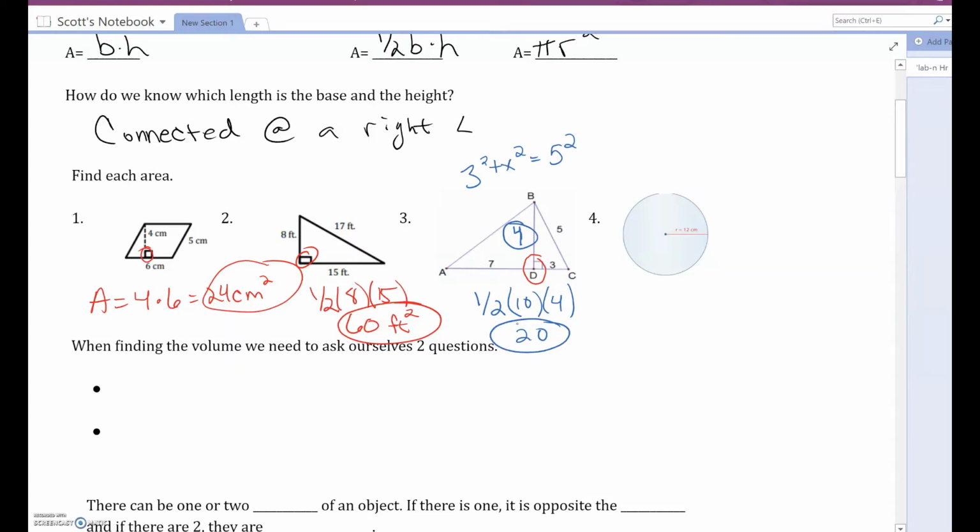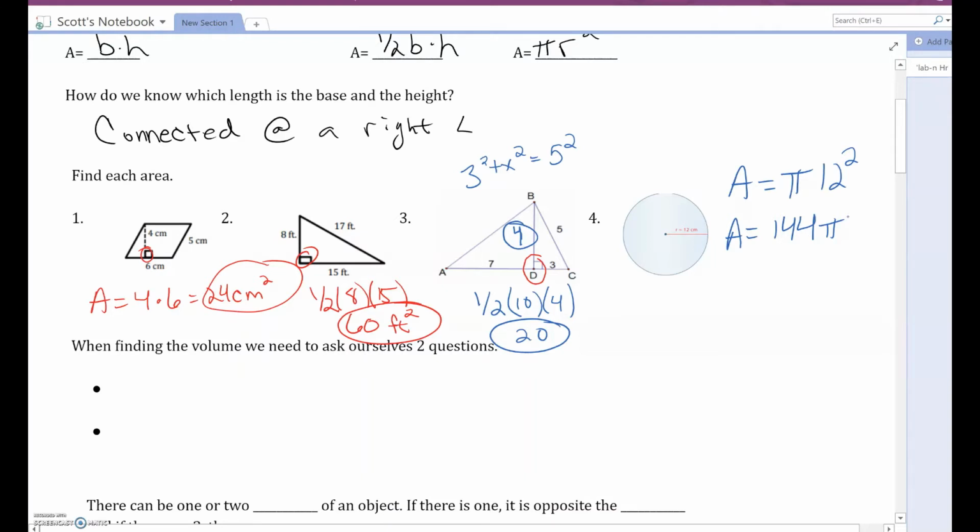Okay, number 4 here, the area of a circle. Area is equal to pi r squared, so it would be pi times 12 squared. And so 12 squared is 144. I know before we did terms of pi, so this would be 144 pi. So that would be the exact answer.